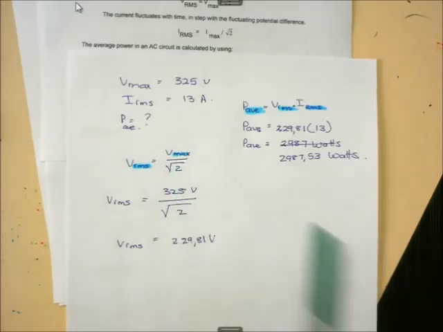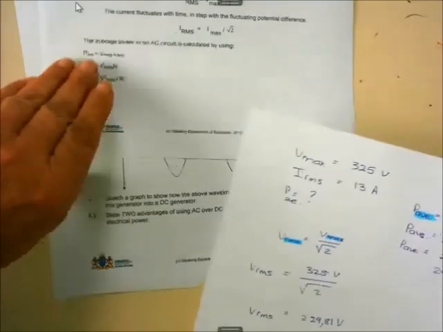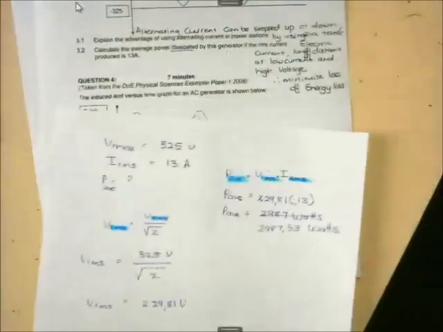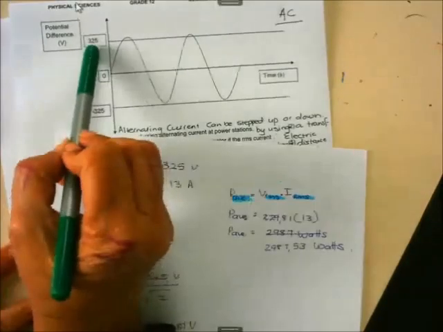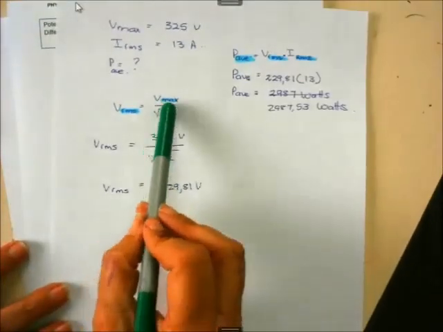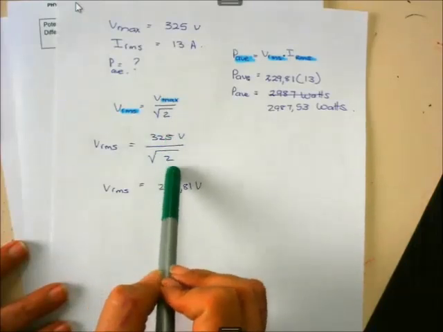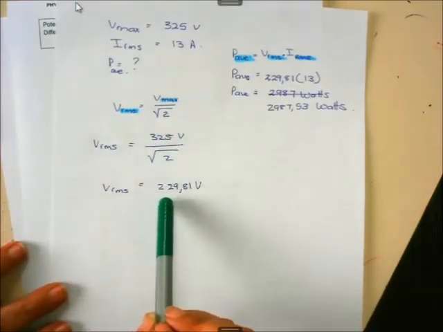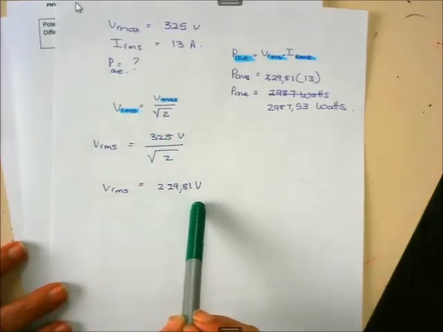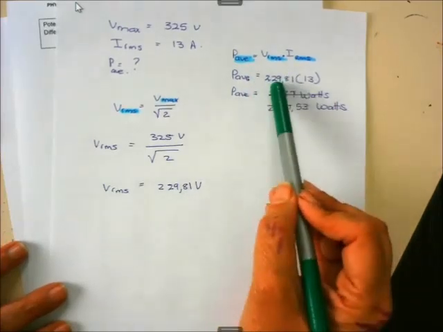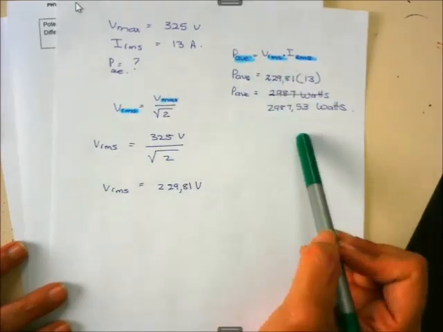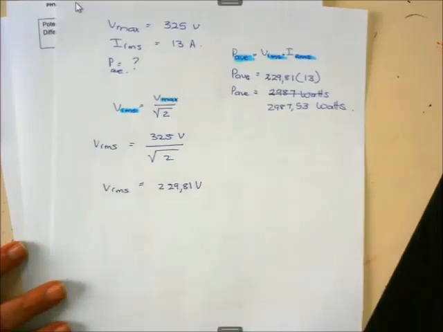Vmax is from my graph, and that's quite important. I didn't mention that, so some of you might have wondered where I got that amount. I got it from my graph. 325 divided by the square root of 2 gives me 229.81. I then substituted that back in, and I solved. Right, okay, got that.